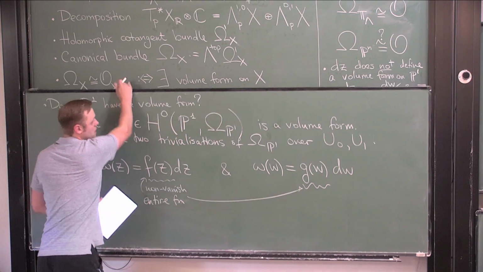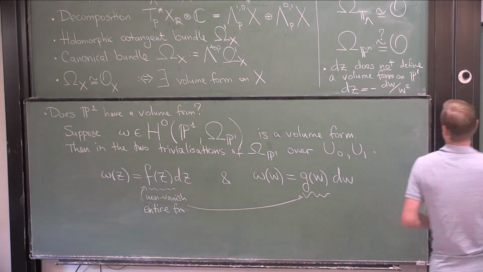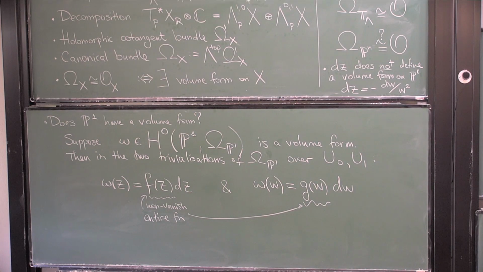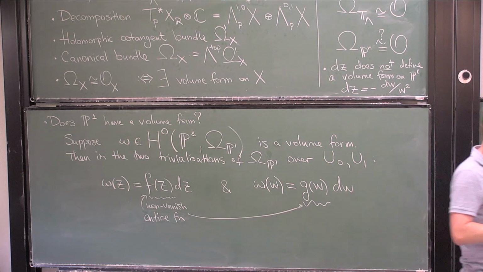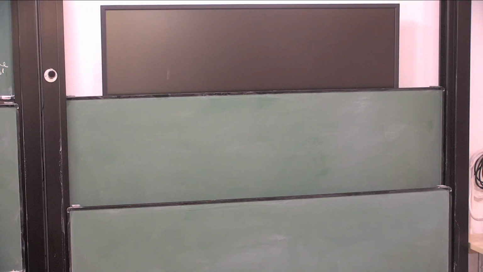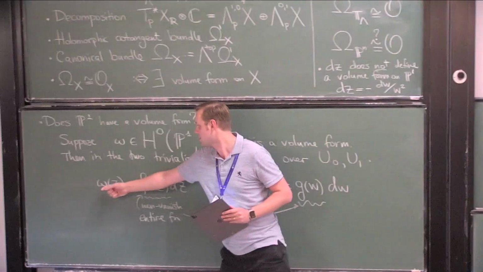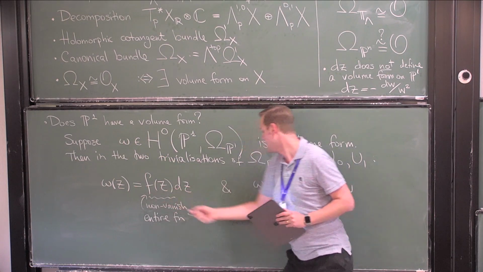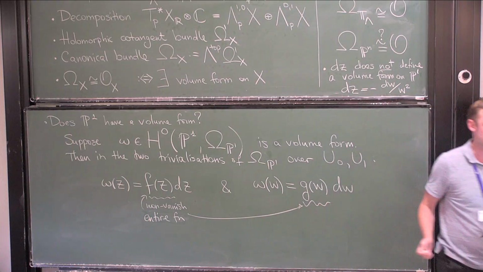And we know that, since these are just coordinate representations for the same global one form, this function f and this function g are not entirely independent.